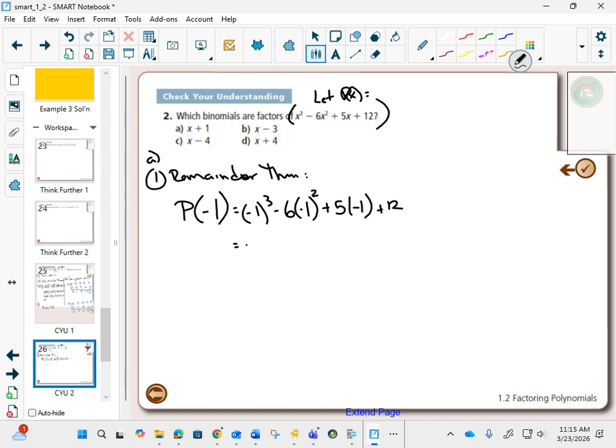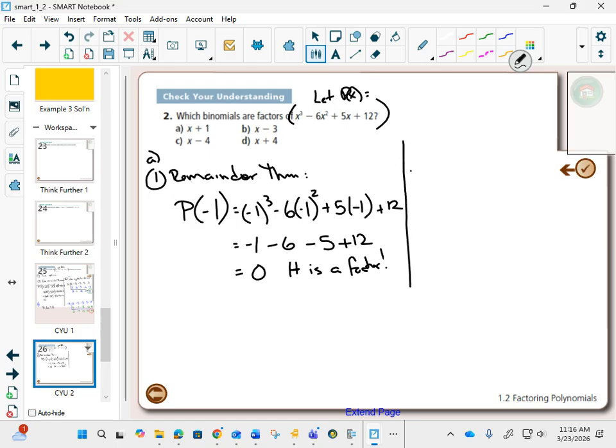A negative cubed, this will still be -1. A negative squared will be positive times that -6 minus 6. 5 times -1 minus 5 plus 12 equals 0. It is a factor. We can see that with the remainder theorem.